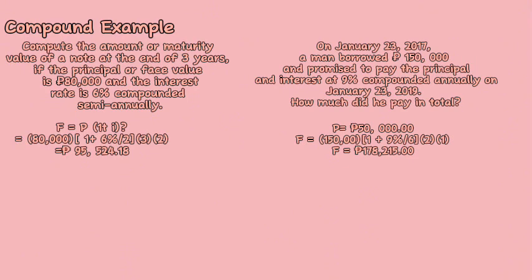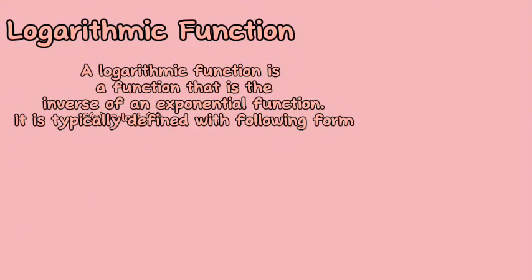So since t is 2 years, we just need to multiply by 1 because m is equal to 1. By using your calculator, the final amount, or the total of his payment, is 178,215 pesos. So let's move on to the next topic, which is the logarithmic function.